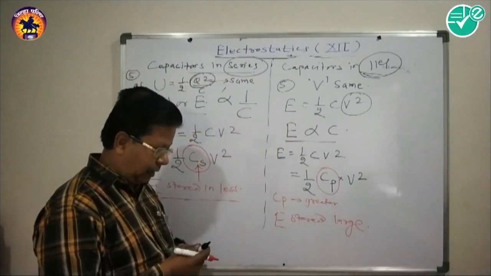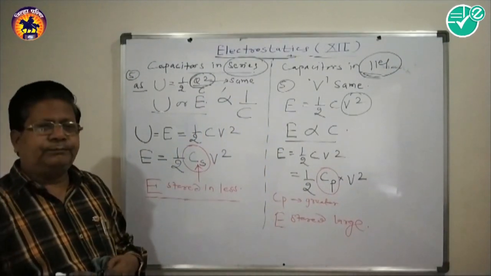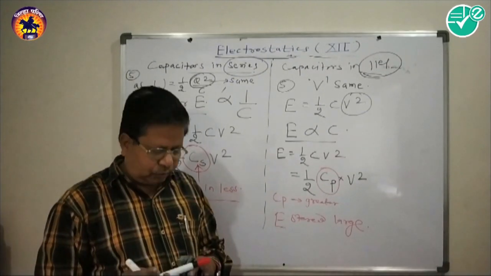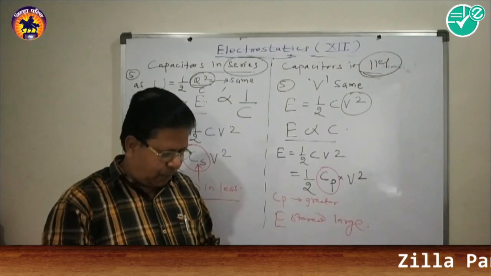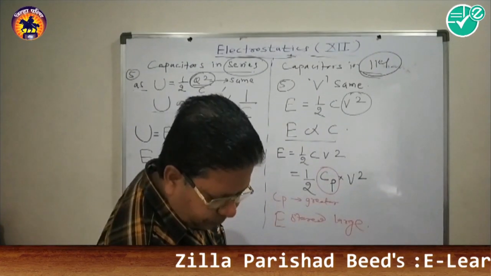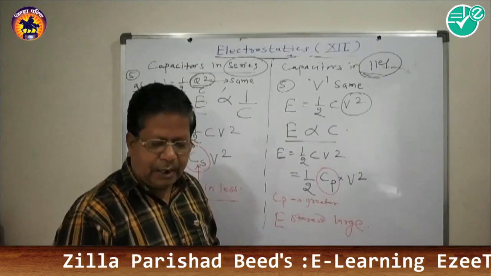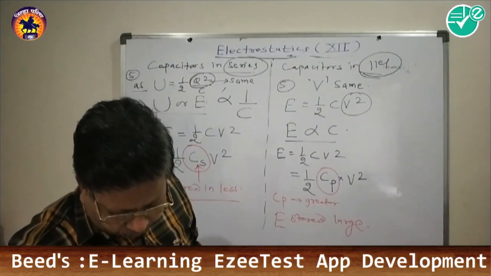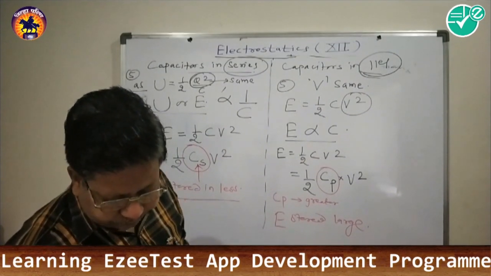That means a series combination cannot store a large amount of energy, but a parallel combination of capacitors can store a large amount of energy.